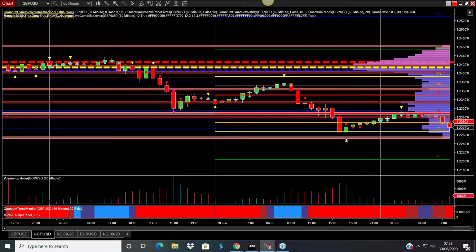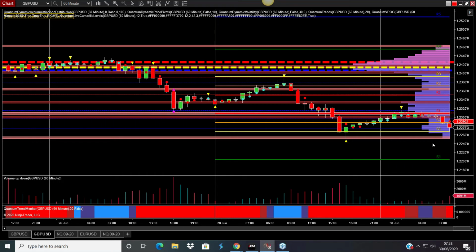I can see here, this is yesterday's low. It's just below the S3. These levels here that have been calculated by our Camarilla indicator are in play for the remainder of the week. So I have some price objectives for this particular pair.